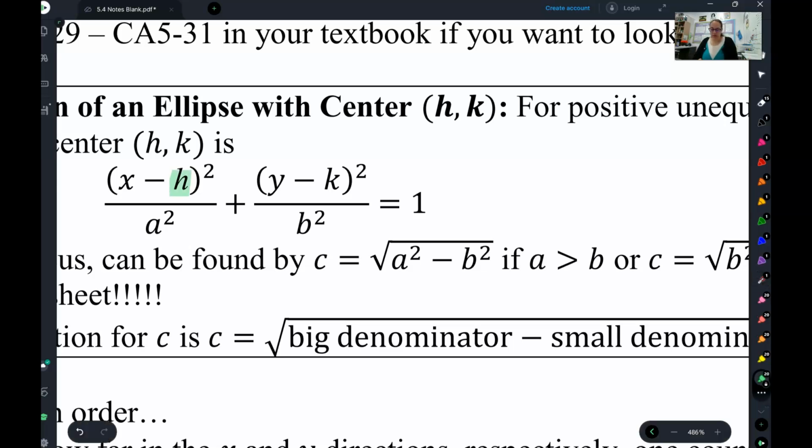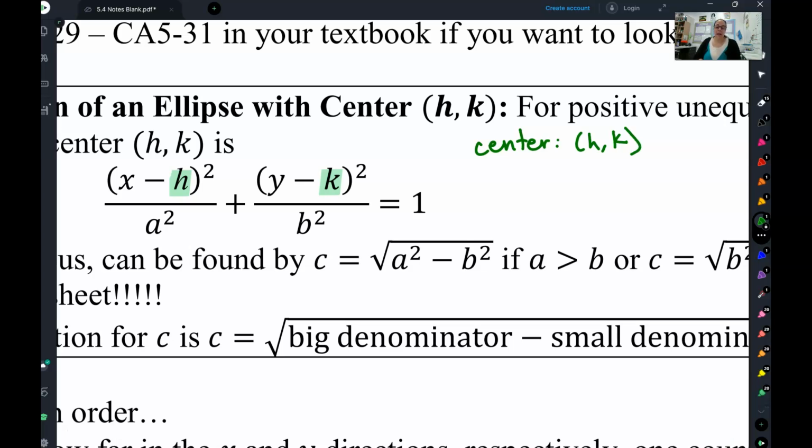So first, there's our H and K, so there's our center, just like we have with a circle or like we have with our parabola, H and K. Now, your major and your minor axis will come from A and B, and it will depend on whichever number is bigger.